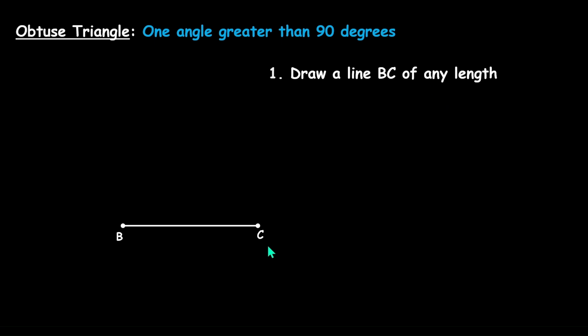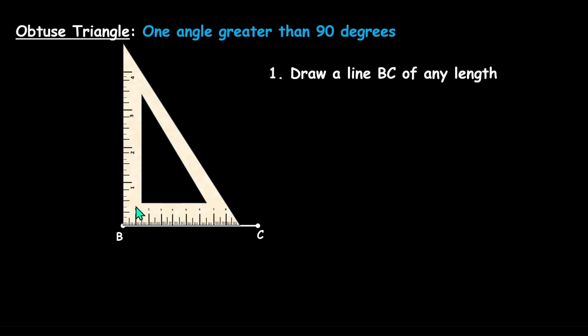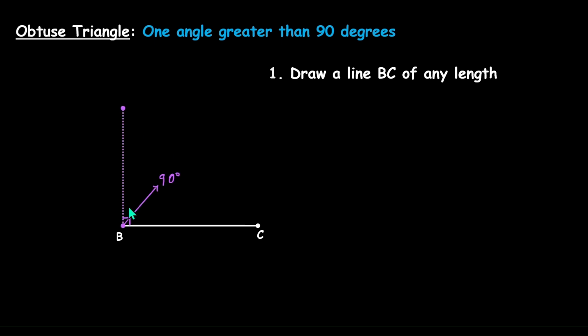And let's again take out a set square and, at least first, identify where the 90 degrees is, right? So taking out a set square, and we get this as 90 degrees. As we saw, this is the 90 degrees that the set square will give, right?